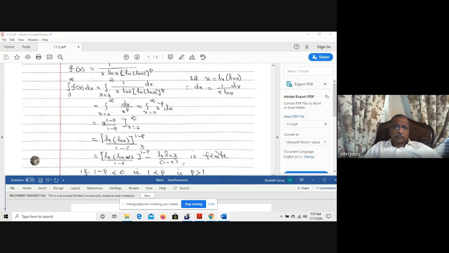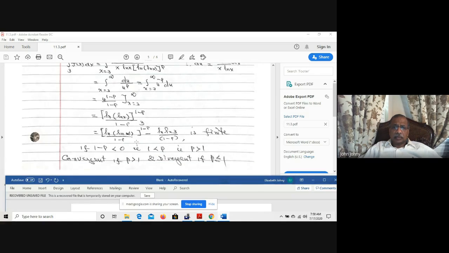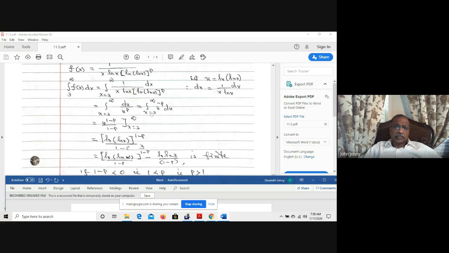Integral 3 to infinity du over u to the p is convergent if p is greater than 1, and divergent if it is less than or equal to 1. P test. So discard the remaining part. You can stop here.